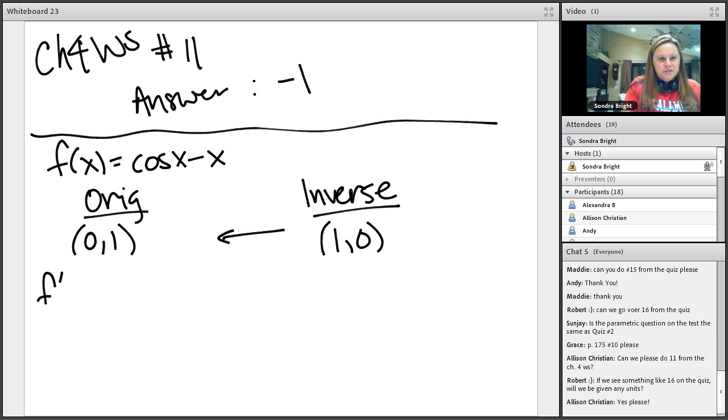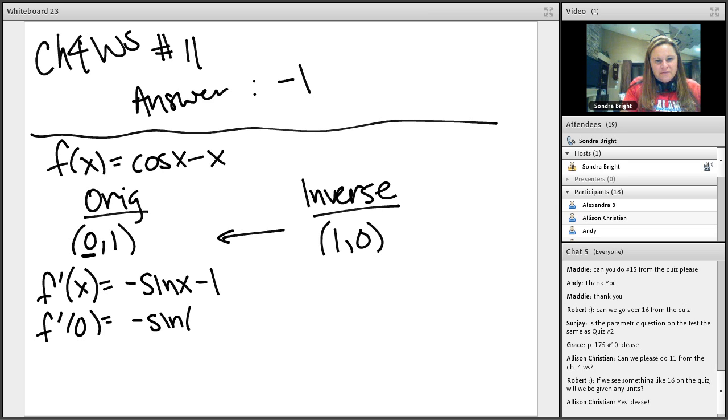You're going to find the derivative, which is negative sine of x minus 1. You're going to plug in this x value, f prime at 0, which means it's negative sine of 0 minus 1, which means sine of 0 is 0. So you got a -1, and then you flip it.